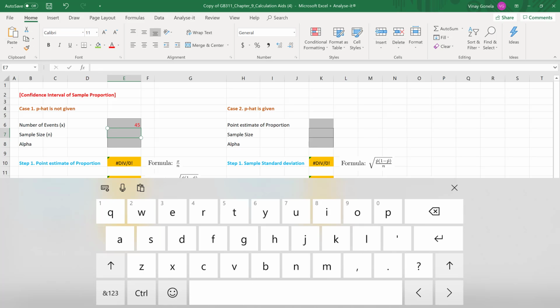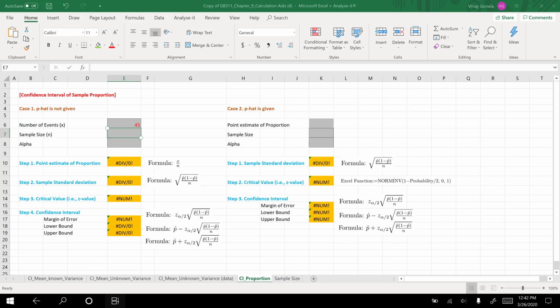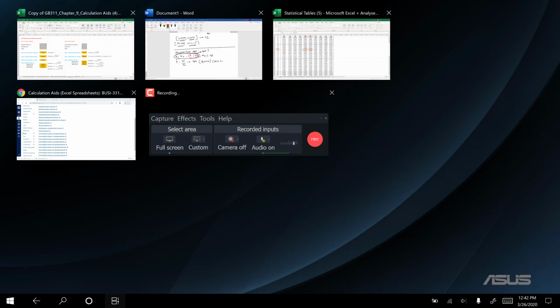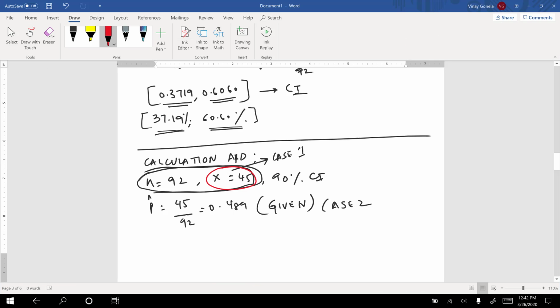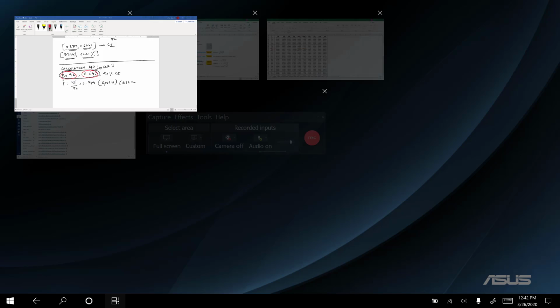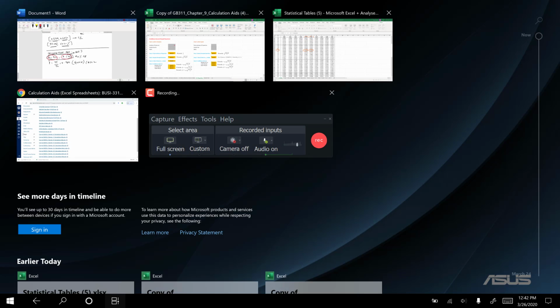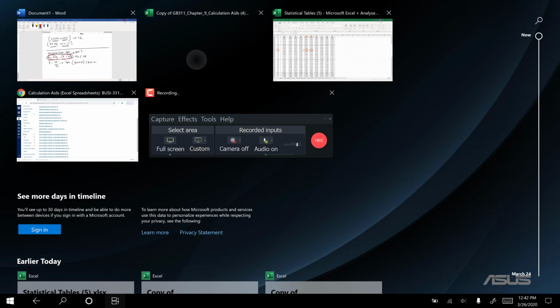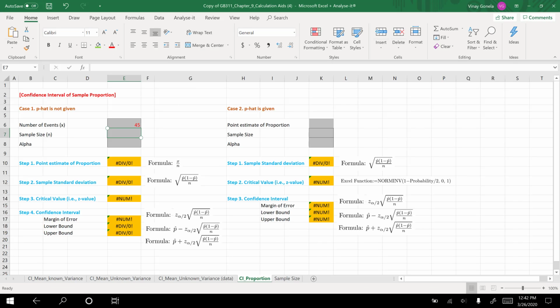Sample size is 92, I think. Let me check. Sample size is 92. So I will type 92 here.